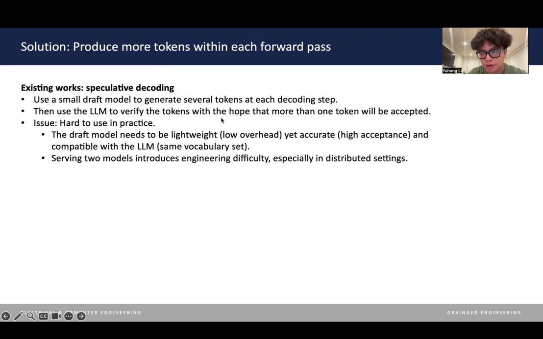We use the large language model to verify, and we hope that more than one token gets accepted, which means the performance might be faster than originally using a native LLM to do the decoding.